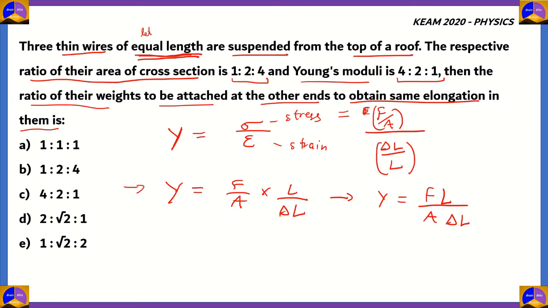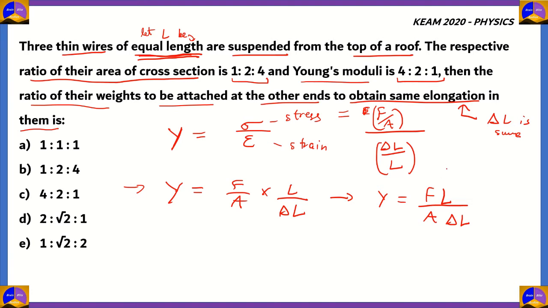So let L be the length of the 3 wires. Similarly, all 3 wires obtain the same elongation in our particular condition. So therefore, delta L is the same. So we'll consider that as delta L for all the 3 wires. What differs is the value of the Young's modulus, the force exerted, and the area of cross-section of each wire.